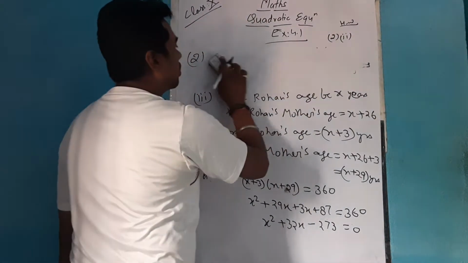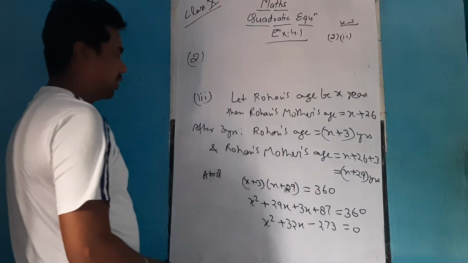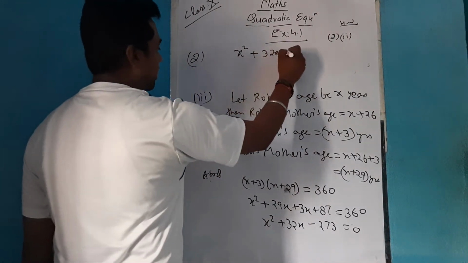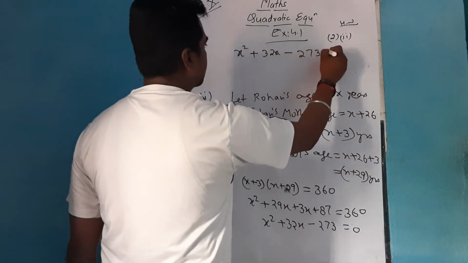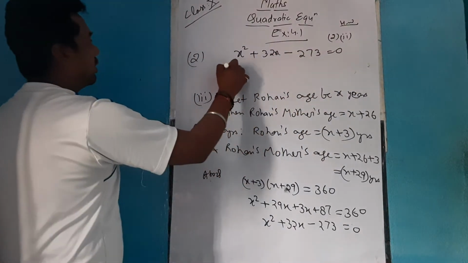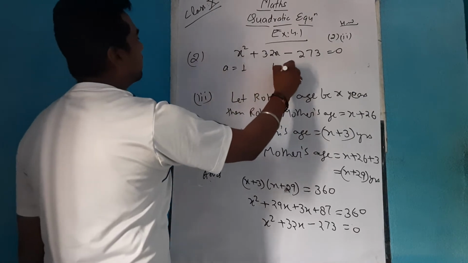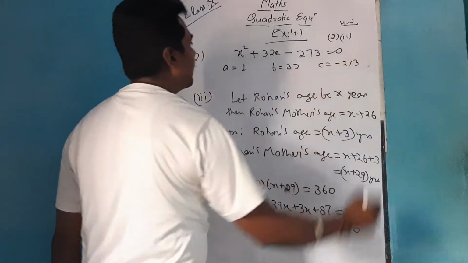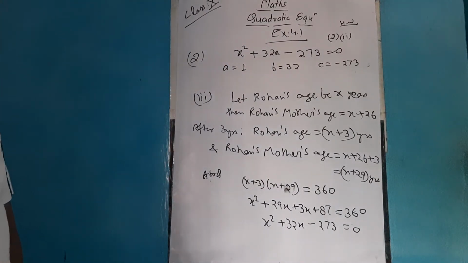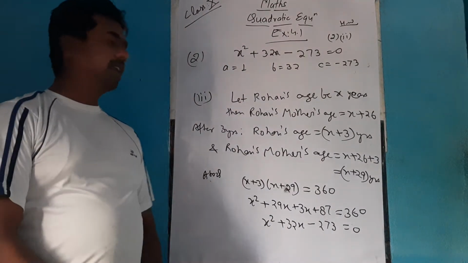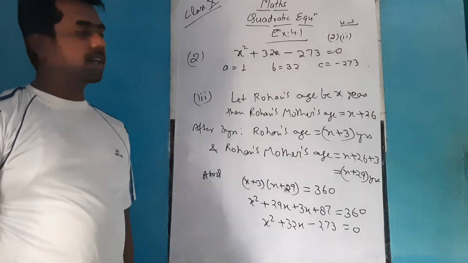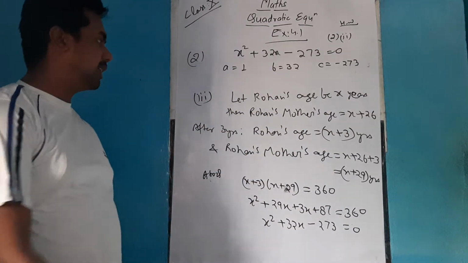So this will be your required quadratic equation. I'll write the equation on the top now: x square plus 32x minus 273. The value of a is 1, b is 32, and c is negative, minus 273. So again I am repeating: Rohan's age is x, Rohan's mother is 26 years older than Rohan, so that becomes x plus 26.